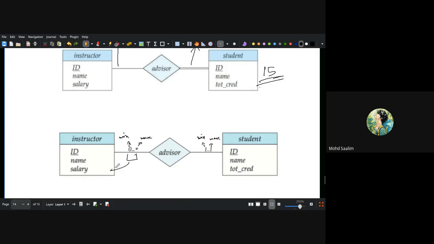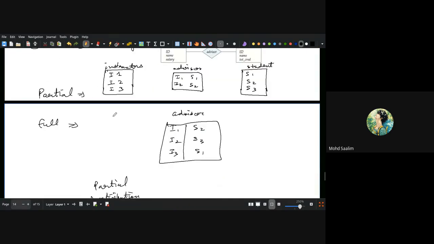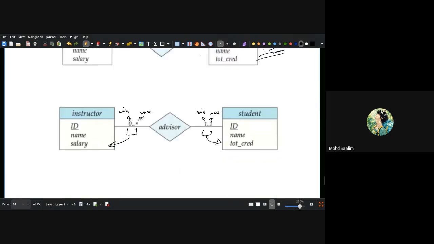This is for instructor, and this is for student. So you see, this way of writing is very powerful because it is handling cardinalities and it is also handling participation. Let's understand how. What is this minimum saying? It is saying minimum 0 rows can participate in advisor.